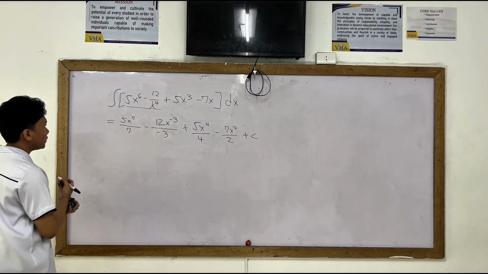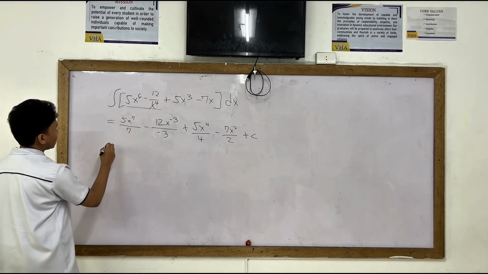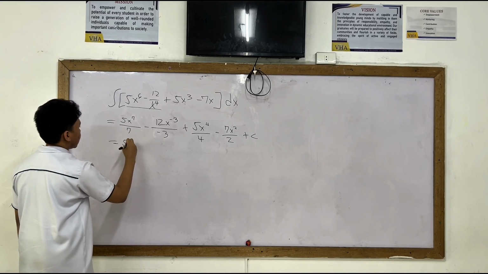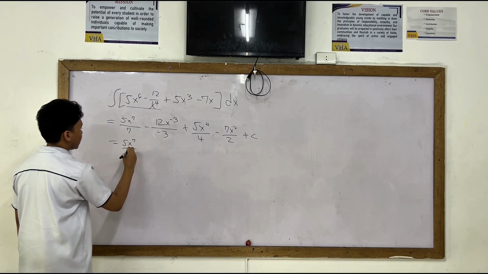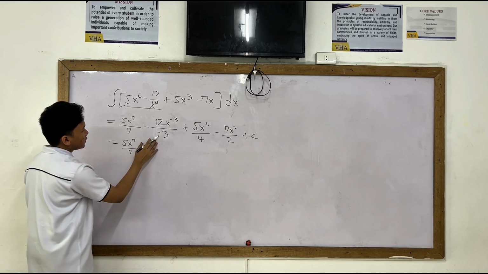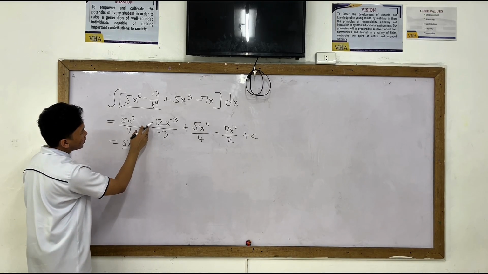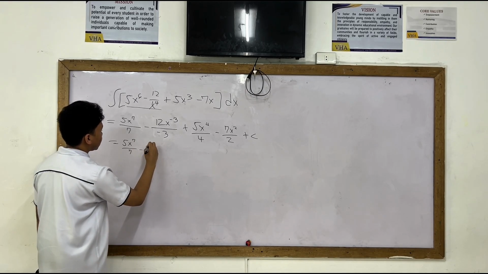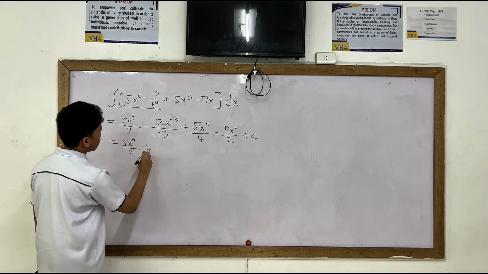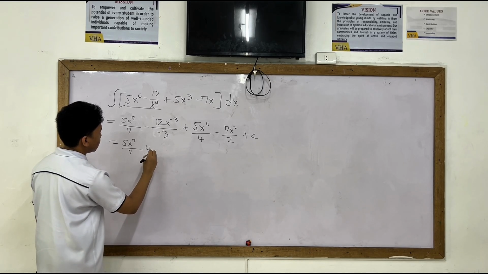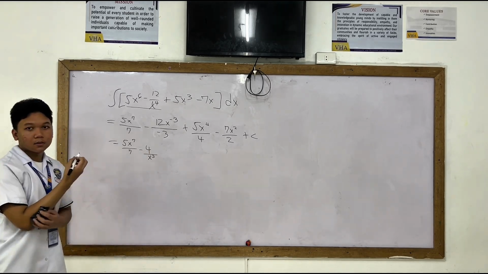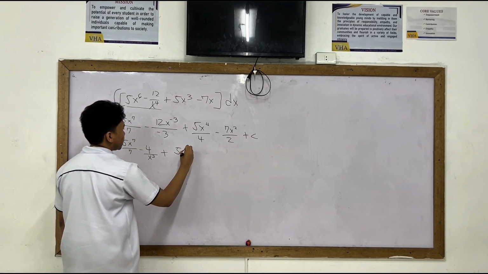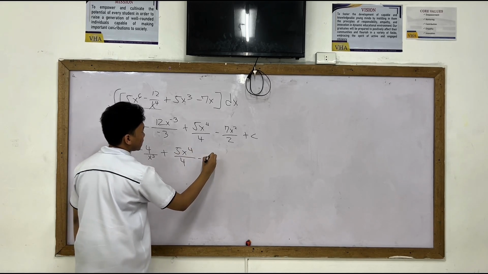Here, we rewrite it again. So we'll have negative 3 divided by 12 will be negative 4 over x raised to 3 plus 5x raised to 4 over 4 minus 7.